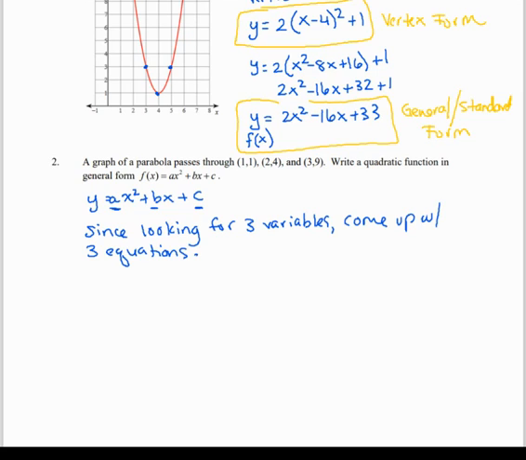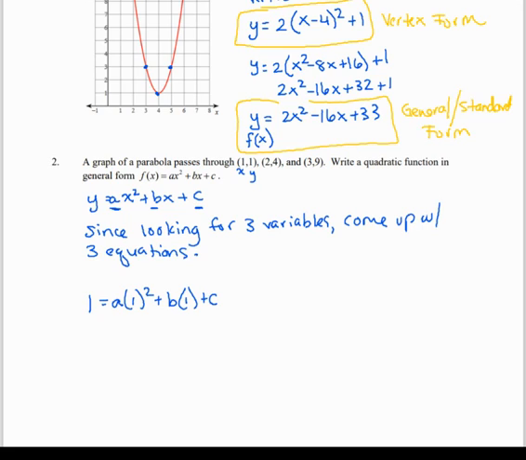So our first equation is going to come from our first point. This is an x and a y. So I'm going to plug that in. If I have 1 being my y, I'll have 1 equals, we don't know a still. My x value of this coordinate is 1. I don't know b still, and my x value again is 1, and we don't know c. Now I'm going to use the second point.